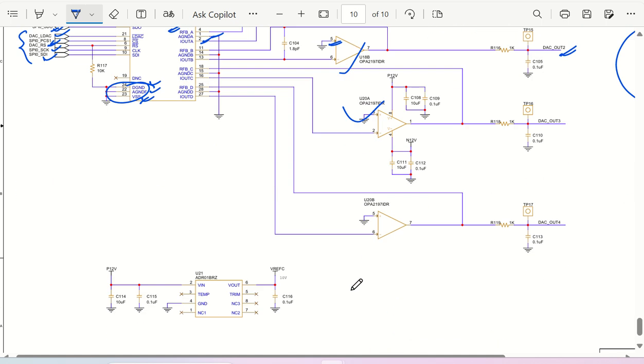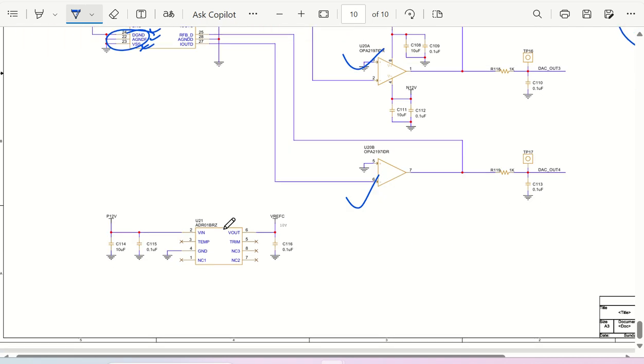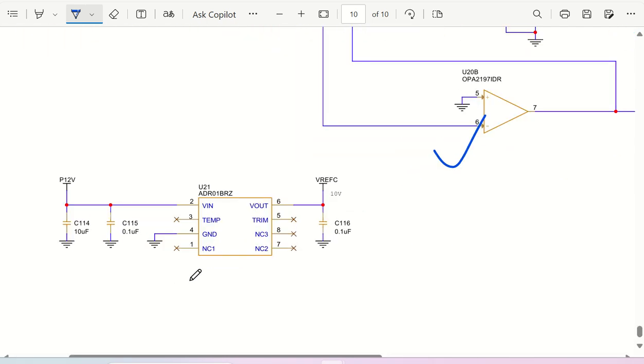In that case, you will have very nice independent outputs of DAC output 1, 2, 3, 4. And this is the IC that has been used to generate the 10 volt reference voltage. This is the ADR01. So the ADR01 IC has been used as the reference voltage IC.